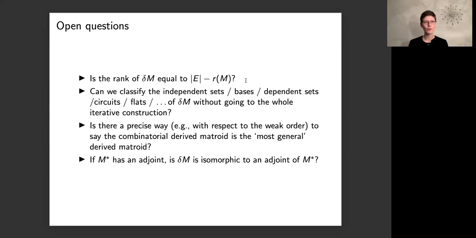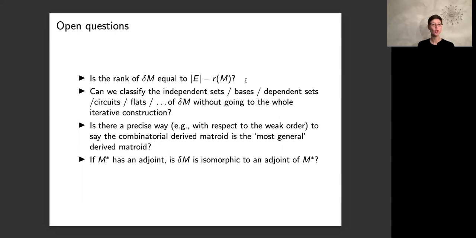We were a bit on our way with that, but it's way more complicated than we hoped. And some of the things that we hoped were true were violated by the Vamos Matroid. So we don't really know how that works. We also want to answer this question because if we want to relate our definition to the previous definitions, then, for example, if you want to say something about the adjoint, you need to know what the flats are in our combinatorial derived Matroid.